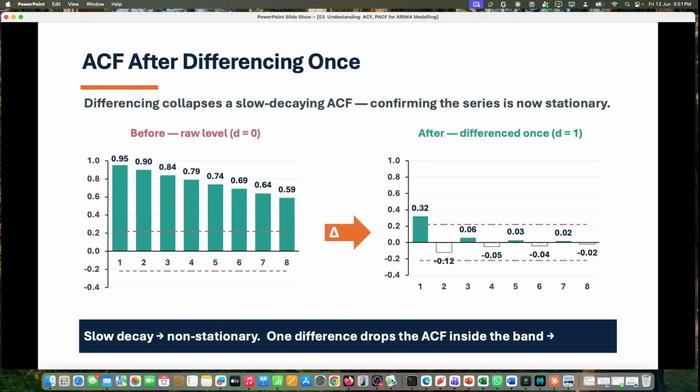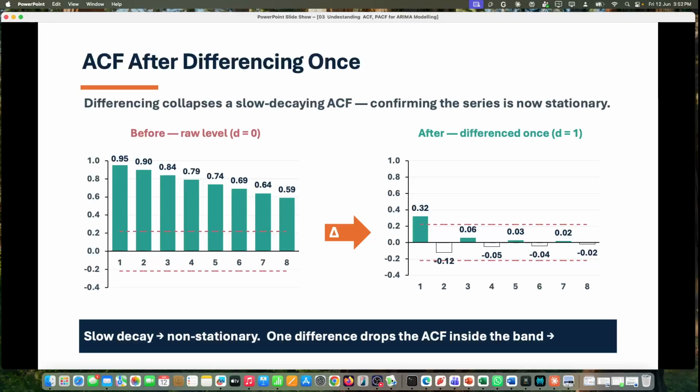Before that, ACF can also be used to detect whether data is stationary or not. With the original data, I have created the correlogram, and you can see a slow decay, which shows the original data is non-stationary. So you take differencing of order 1, and you can see that the slow decay is completely gone.